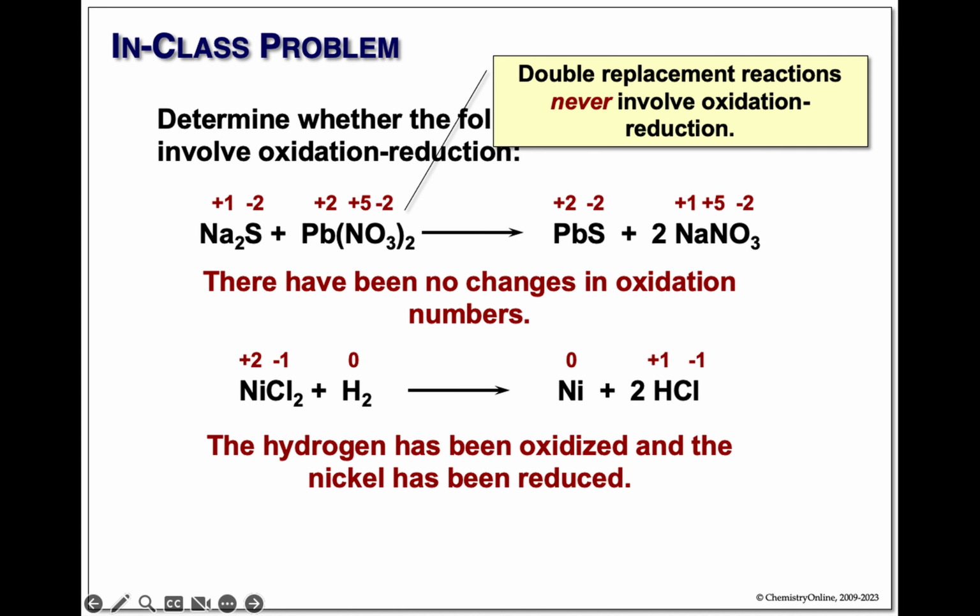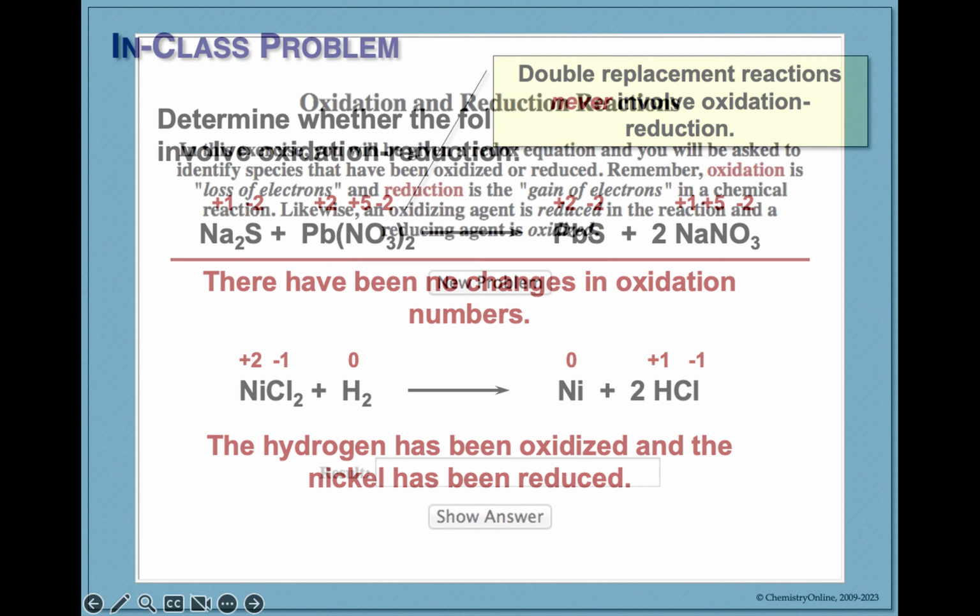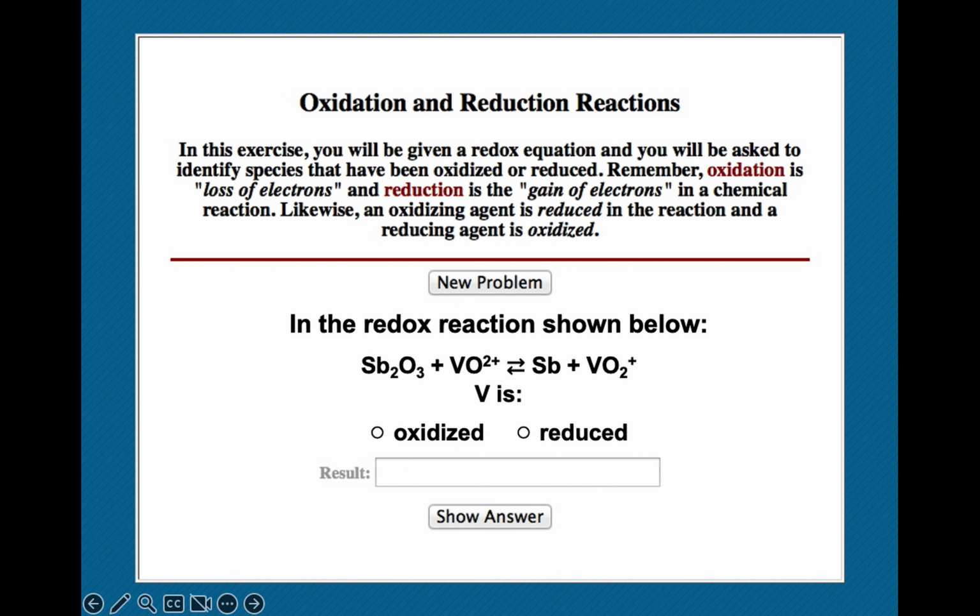So for practice, tutorials. Now this one is really strange because it uses a vanadium oxide polyatomic ion that we have no idea what it is. Trust me, it's a polyatomic ion. So, we're interested only in the vanadium. Has it been oxidized or reduced?